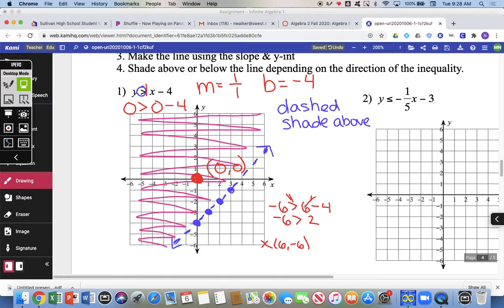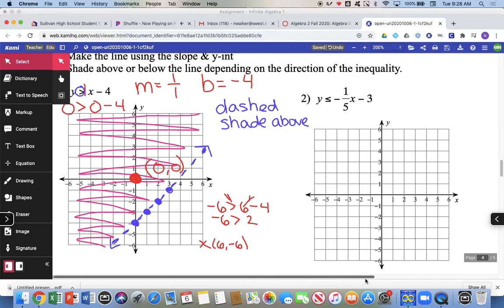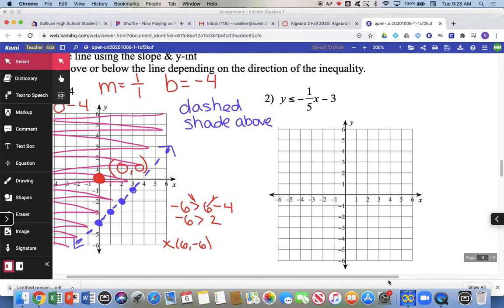So let's take a look at that second one. Go ahead and make your x and y coordinate axes if you haven't yet. I'll get it centered up a little bit better. So we have y is less than or equal to negative 1/5 x minus 3.